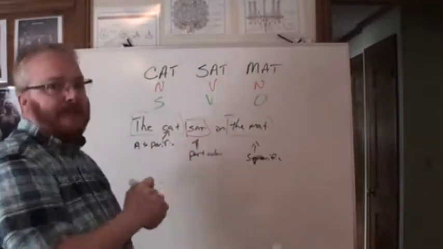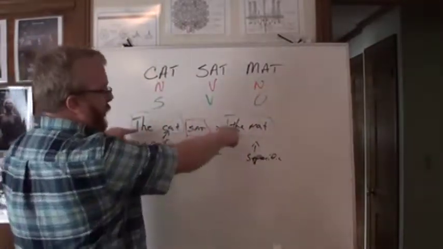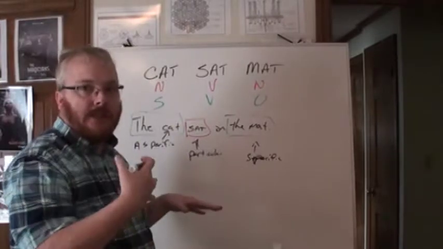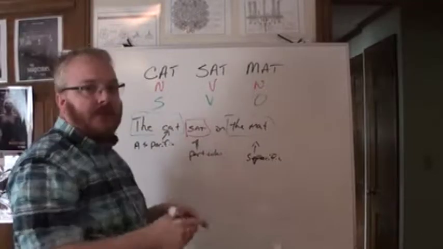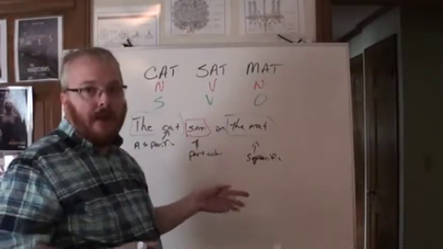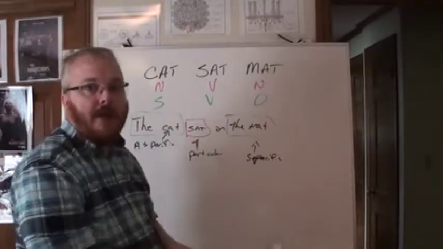Okay? So when we say specific, what the "the" here tells us is that, and these are articles, okay? So what the article tells us is that there's only one cat and there's only one mat. And the cat sat on that one mat.